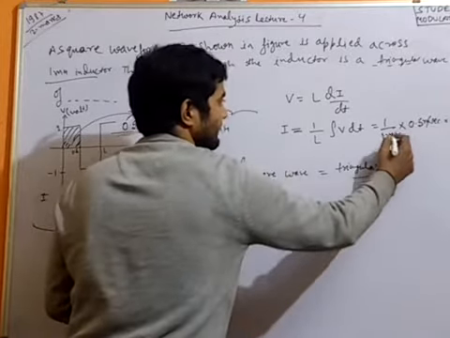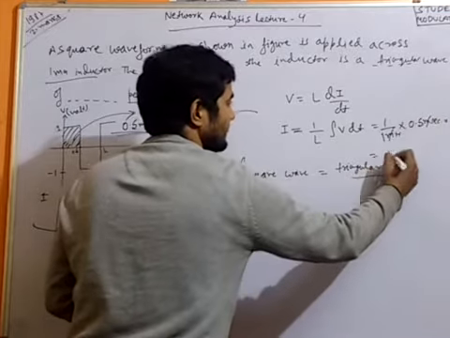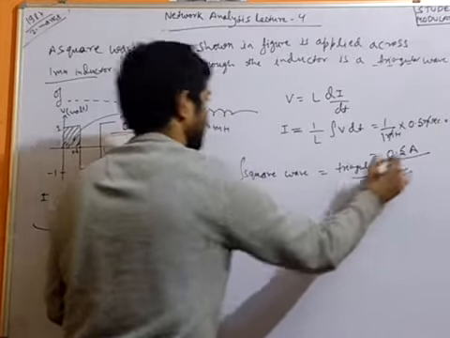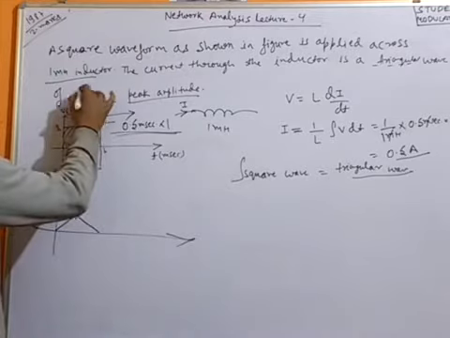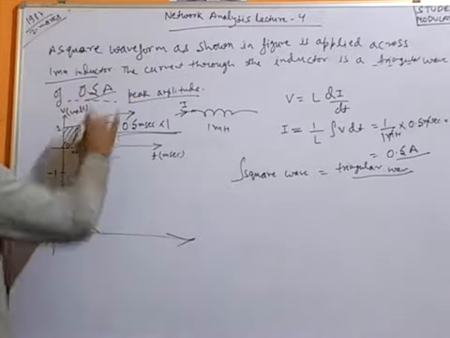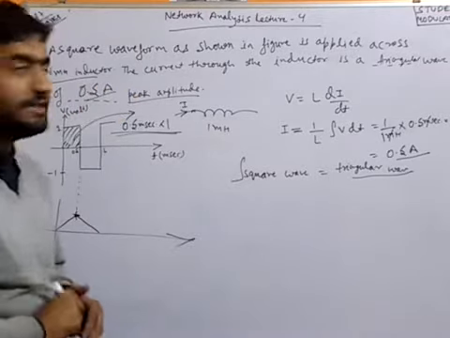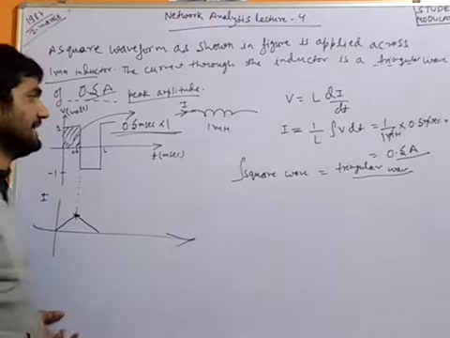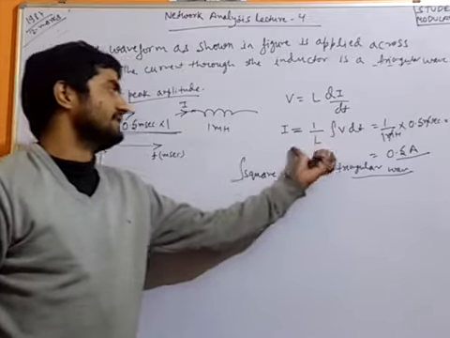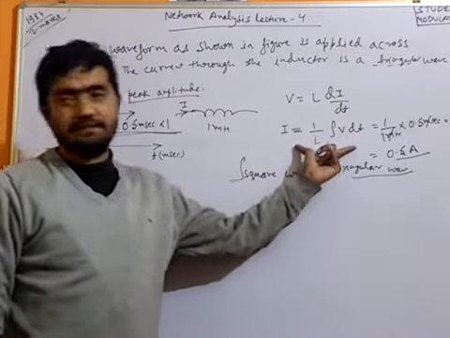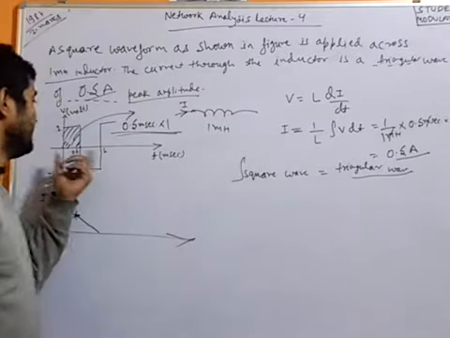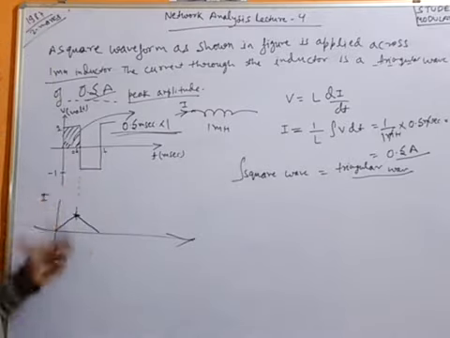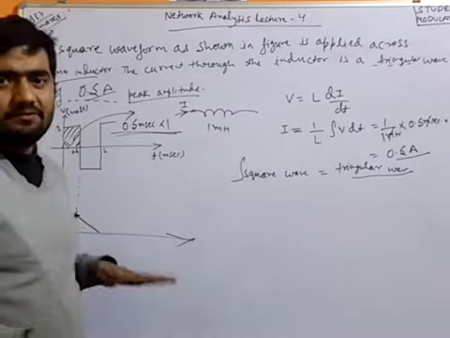Milli and milli cancel out, and overall we get 0.5 ampere as the result for the current. So the maximum peak amplitude will be 0.5 ampere. This question can be solved very easily. The basic formula used here is i equals 1 upon L integration of V dt, with some manipulation in finding the integration. So this is all about the inductance.